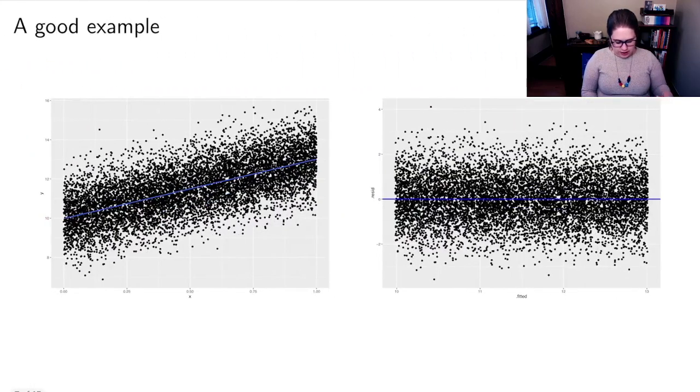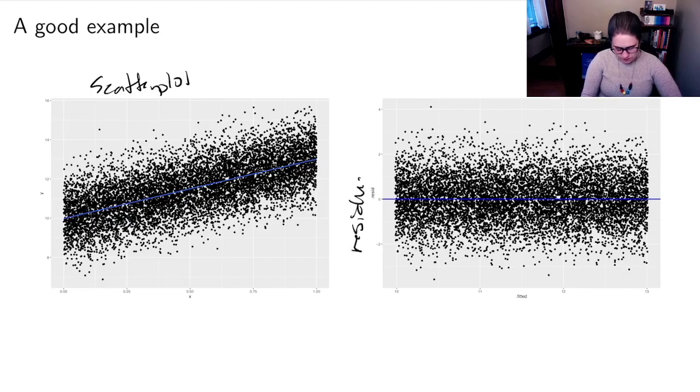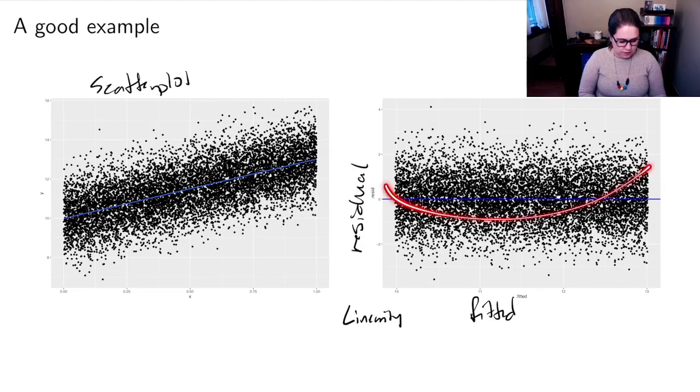So let's look at a good example. So here I've got my scatter plot, and then I've got my residual versus fitted plot. So from the residual versus fitted plot, I can check linearity, and I want it to not have some kind of curve going on, and it looks nice and flat.